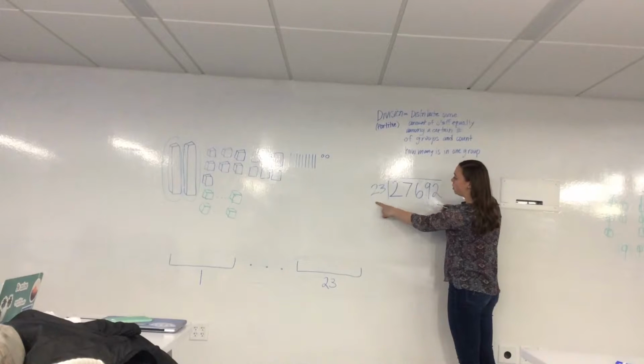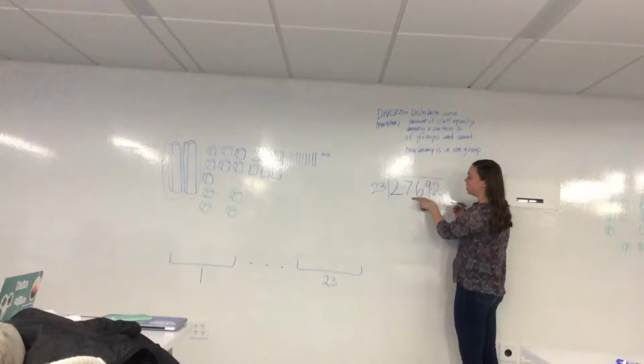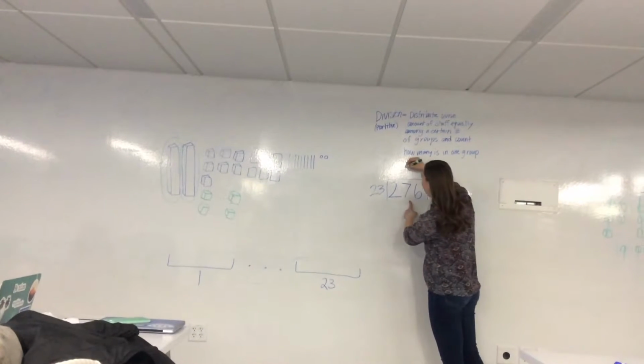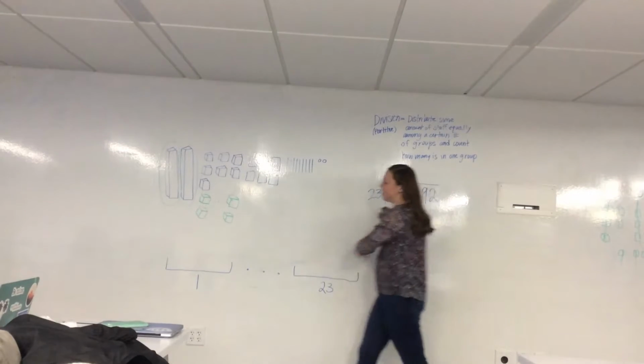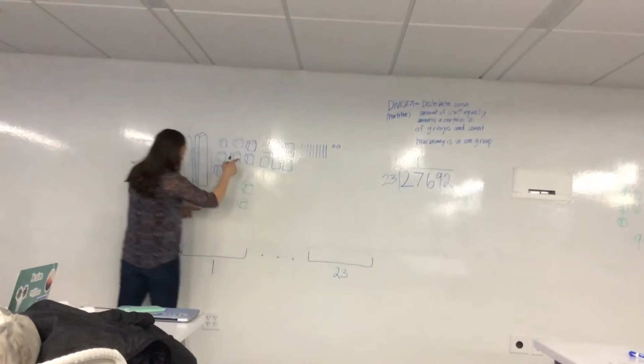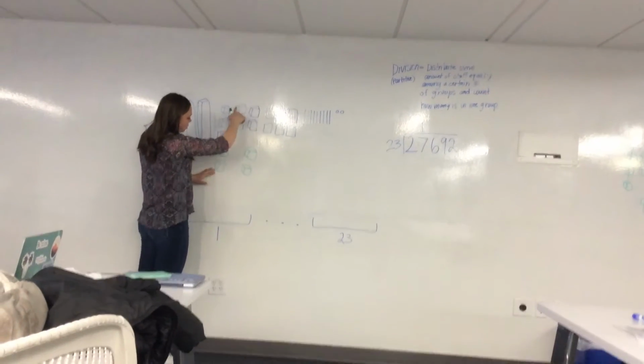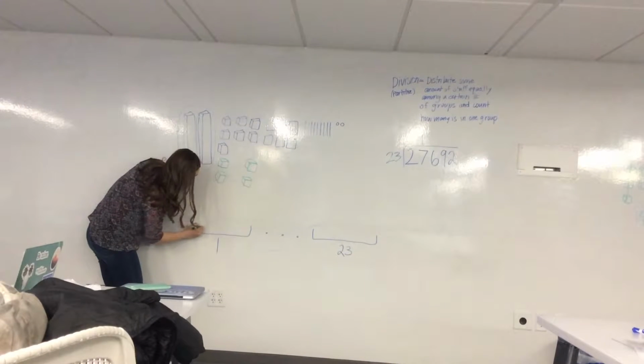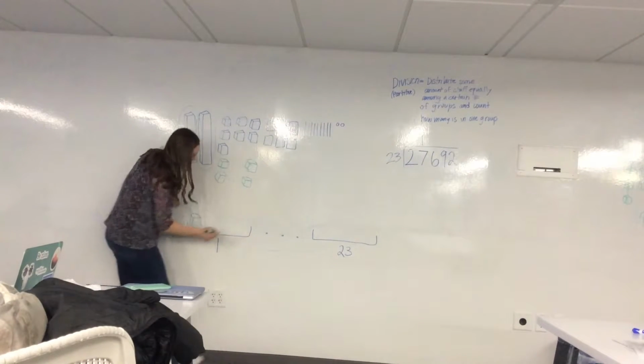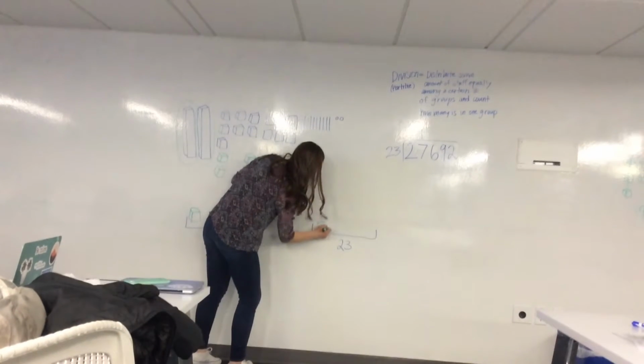So next, how many times does 23 go into 27? Well, it goes in there 1 time. And that's the same as us saying we took all of these 27 super cubes and we gave 1 to each of the 23 groups.